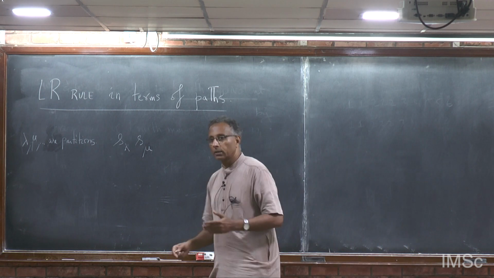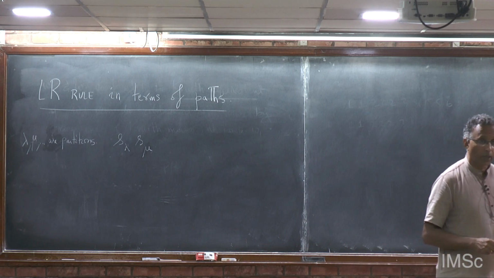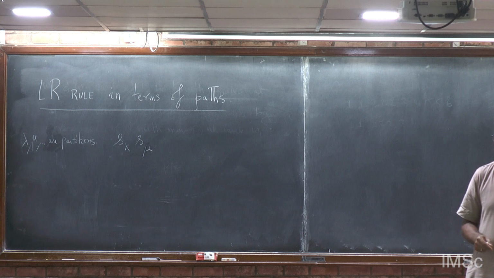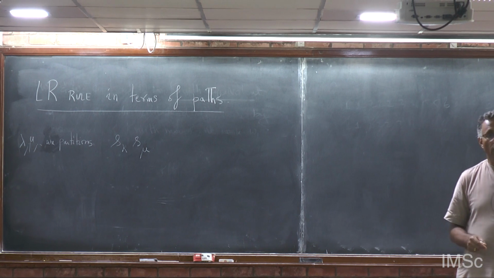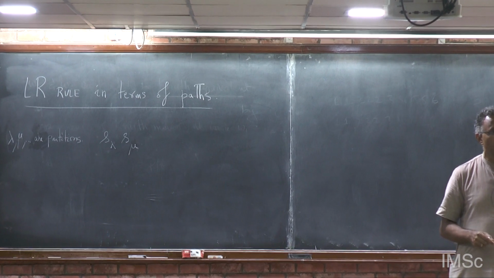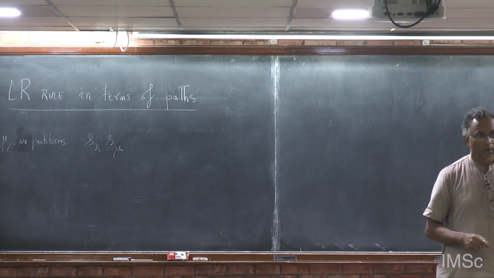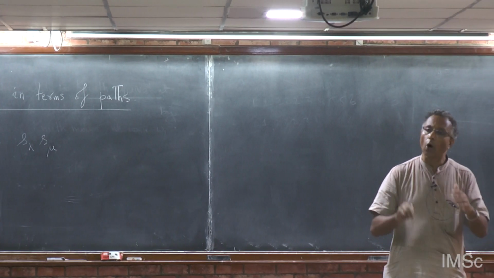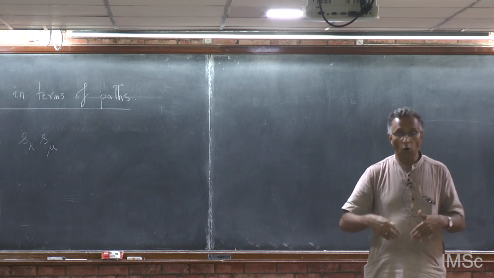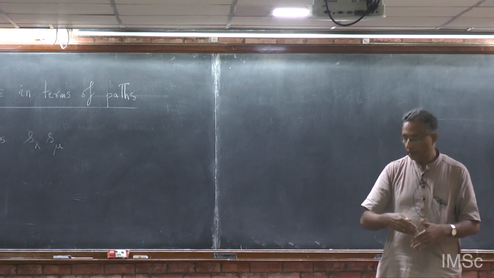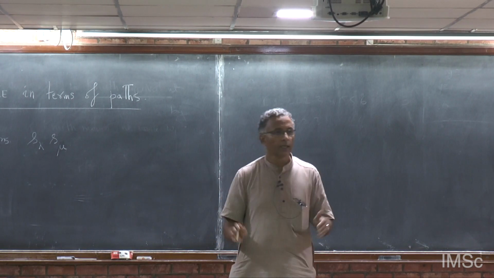The statement is that as you vary over all partitions with at most n parts, the S lambda will form a Z basis for all symmetric polynomials in n variables, a free module of infinite rank.